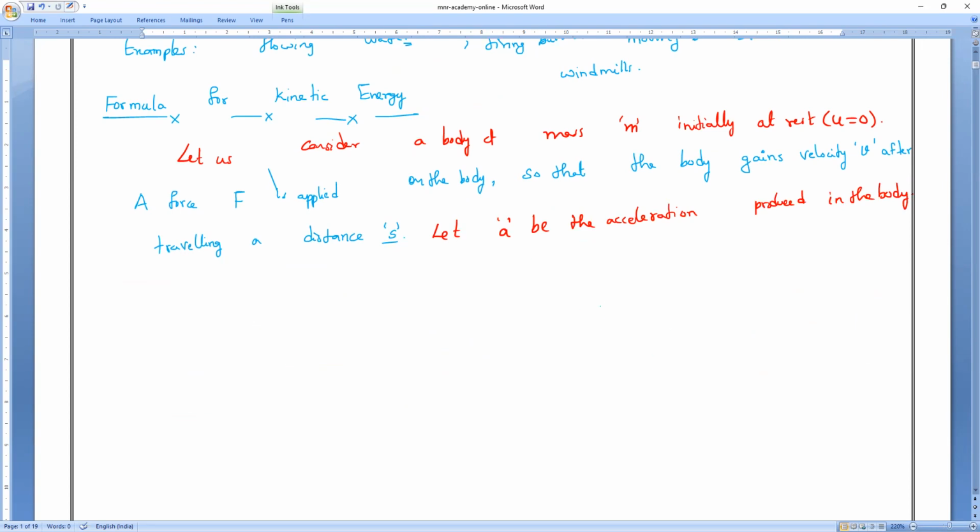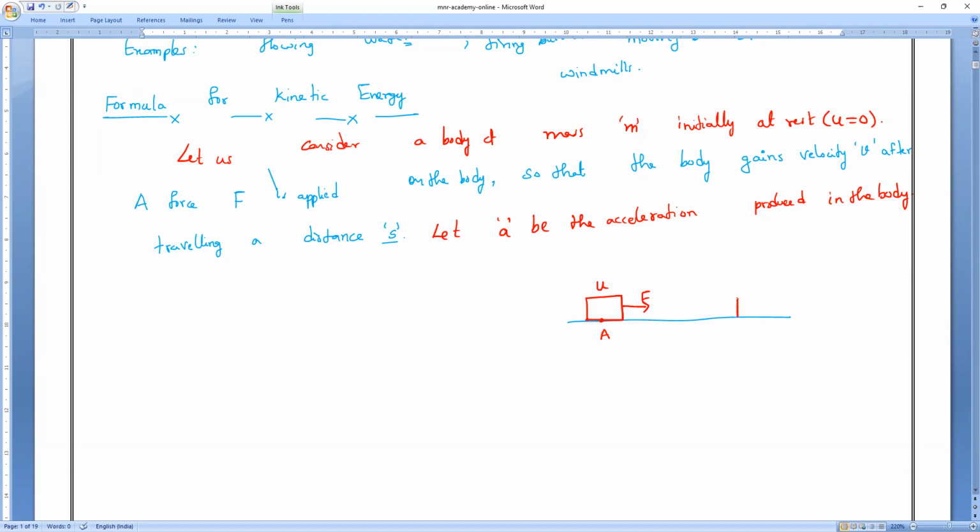According to this, I will draw the diagram. There is a horizontal surface as the ground. The object has mass M and initial velocity u, initially at a point. A certain force is applied, a push or pull, it doesn't matter.